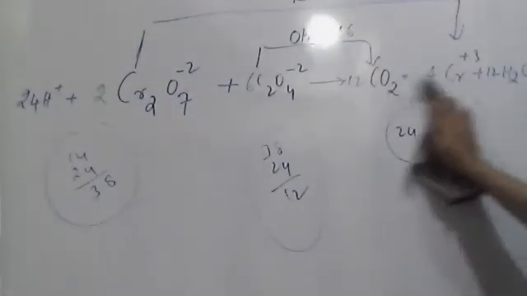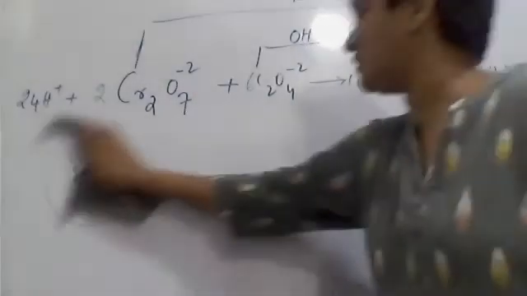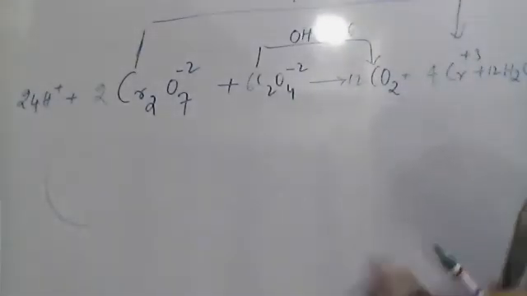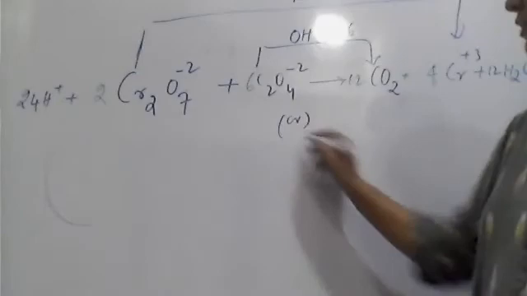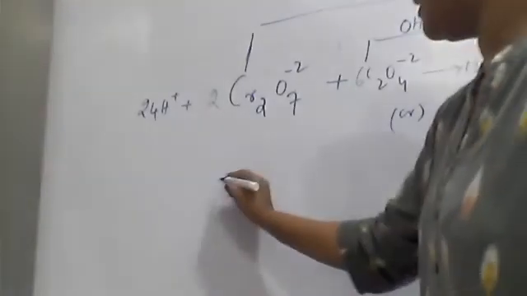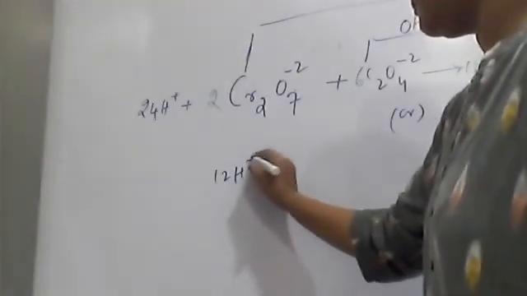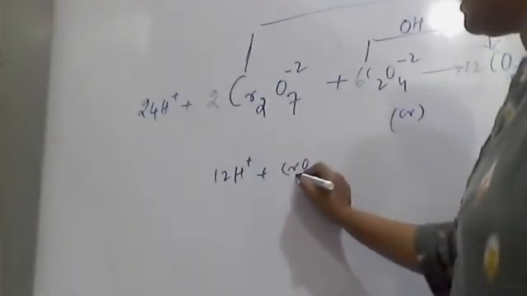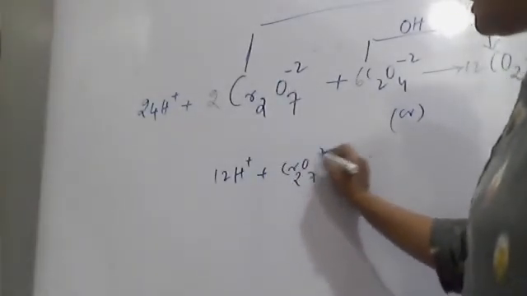Now this is a balanced equation, balanced in a single step by the shortcut method. Now the same reaction can be written by dividing 24 by 2. 24 H plus can be written as 12 H plus. Then 2 dichromate can be written as 1 dichromate, Cr2O7 minus 2.